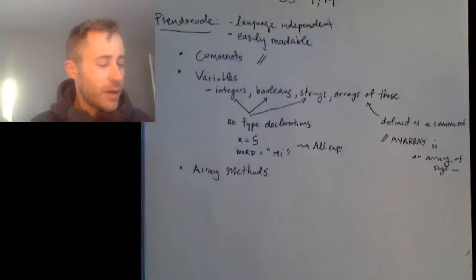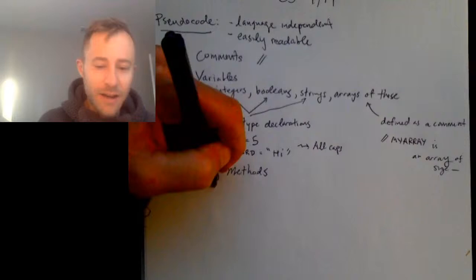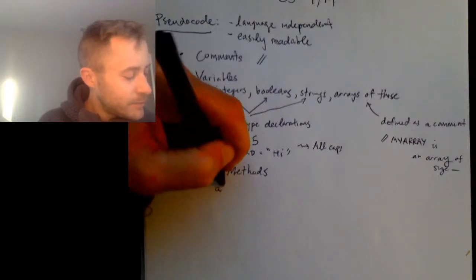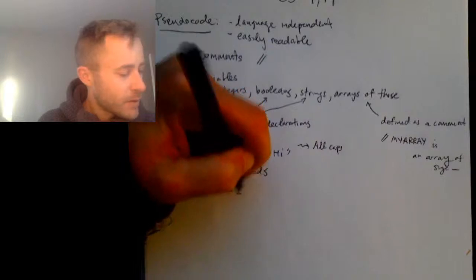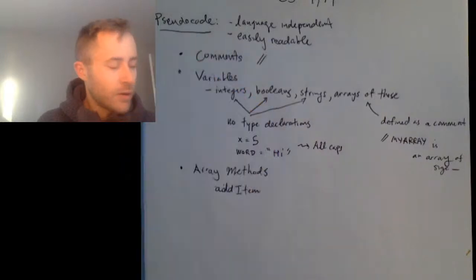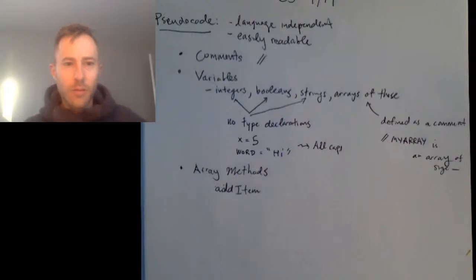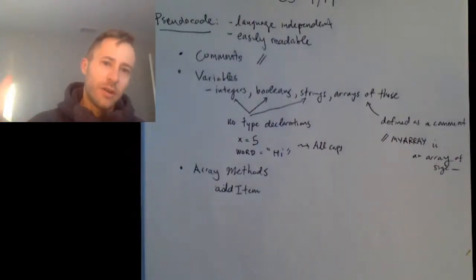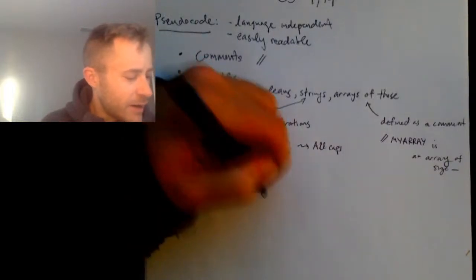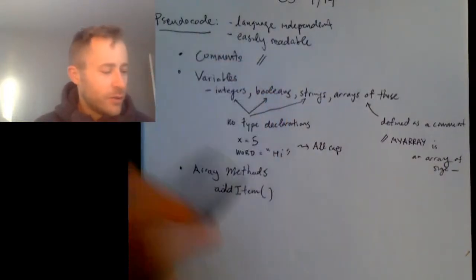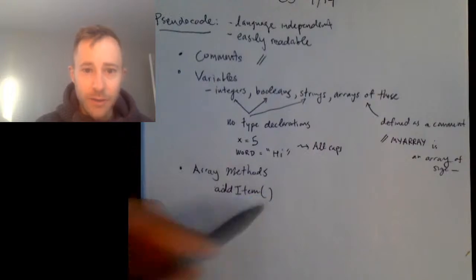So there is a method called add item. An array is almost more like an array list, where it has a variable size. So you can add an item and you would put the thing that you're going to add in the parentheses.